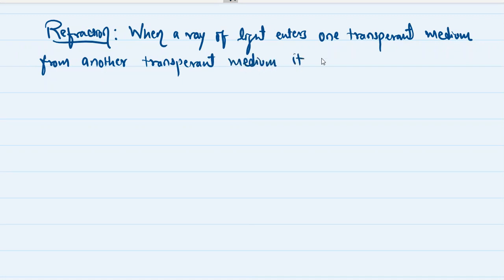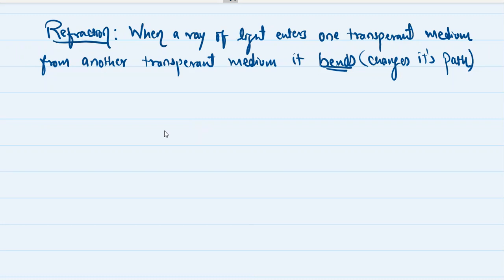It bends. This is the main part. It bends or changes its path. When a ray of light enters one transparent medium from another transparent medium, it bends or changes its path.